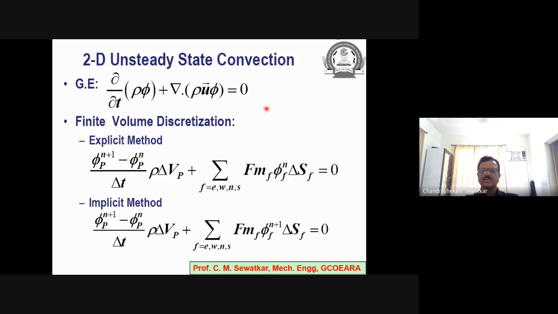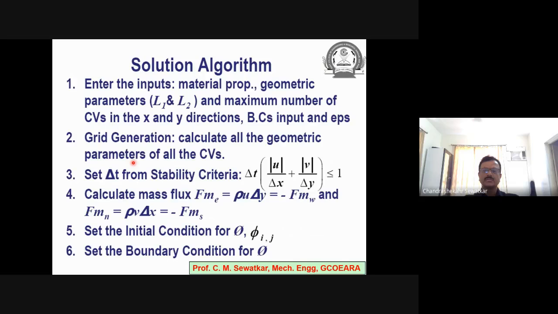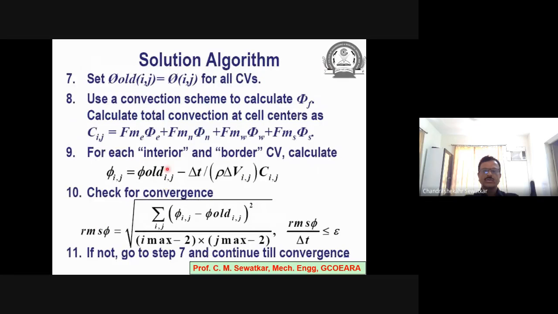When I take this quantity onto the other side, it becomes positive. So the old quantity is positive, and Cpij is negative, but it is multiplied by delta t and divided by rho delta Vij. So I can find out the new value of phi ij.